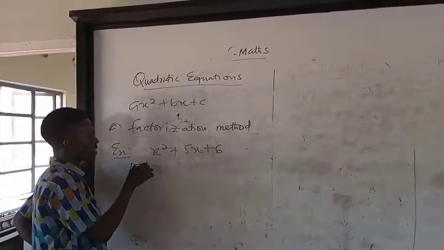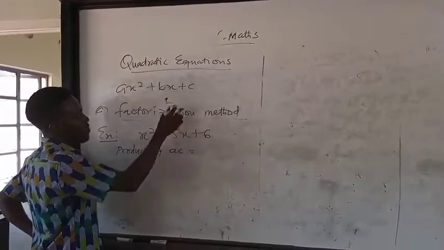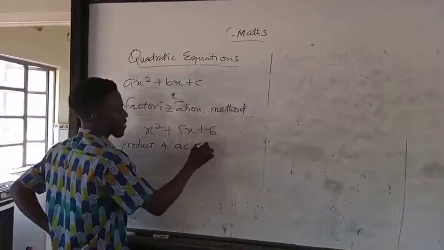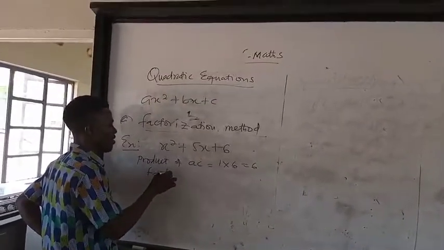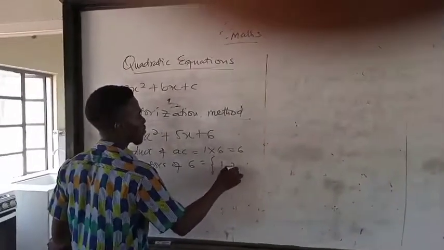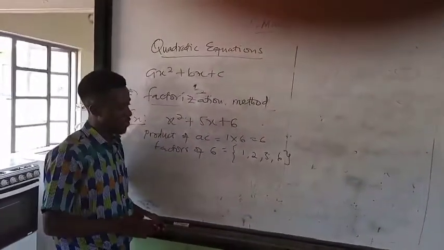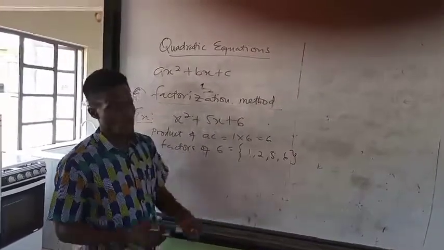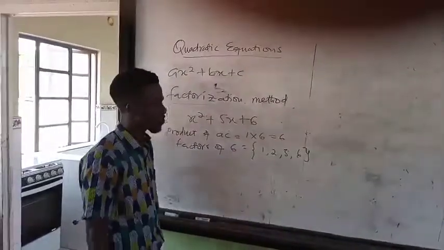So you go by saying that the product of AC, that's A times C, that's 1 times 6, is 6. Now you find the factors of 6. The factors of 6 are 1, 2, 3, and 6. Now to find the factors of 6, just look for the numbers that can go into 6. And these numbers are 1, 2, 3, and 6 itself.